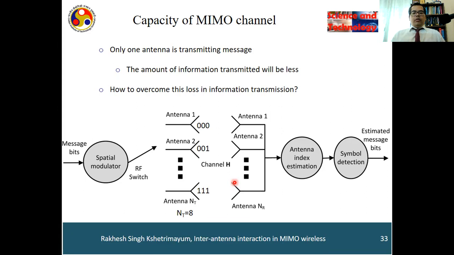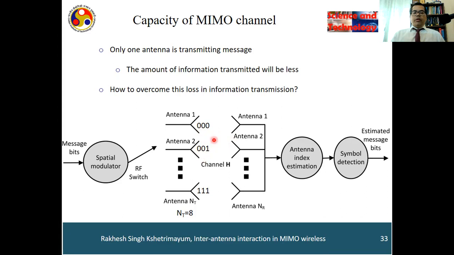Now, see, antenna 2 was active because you have used the RF switch and connected it with antenna 2. What the receiver does is estimate which antenna was used at the transmitter to transmit the signal. That's very easy. Only this antenna is active, so you get a high signal from this antenna. All the other remaining antennas will get only noise, which is very low power.